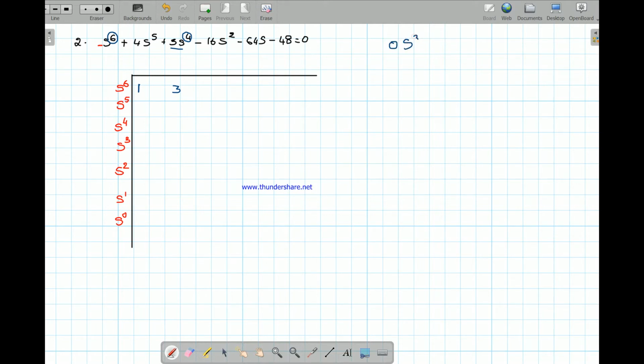Keep that in mind. After 3, the coefficient of s power 4, the next even power is s square, so we write minus 16 as the coefficient of s square. Now the next coefficient would be the coefficient of s power 0, which is minus 48.